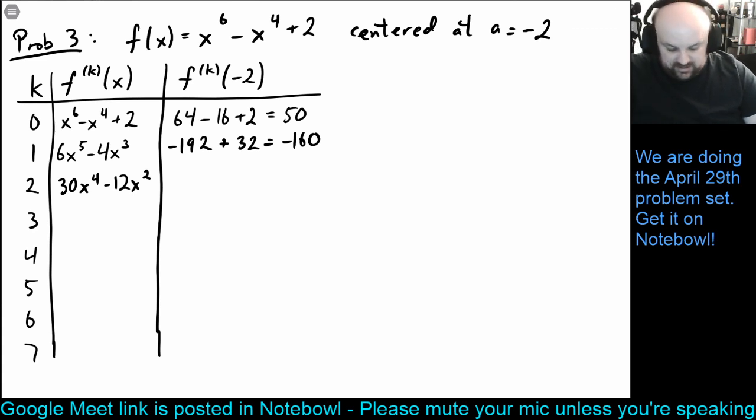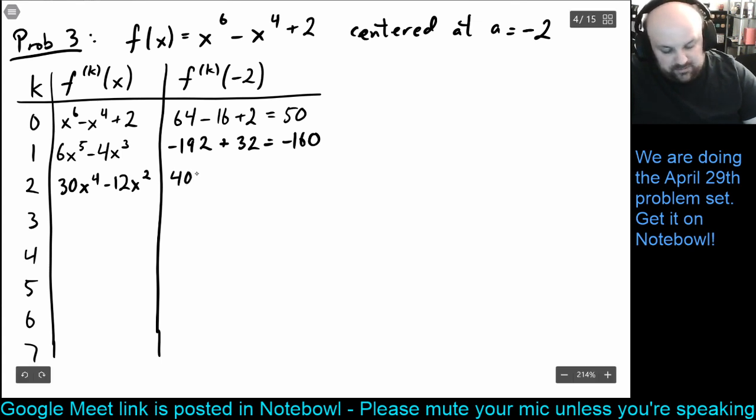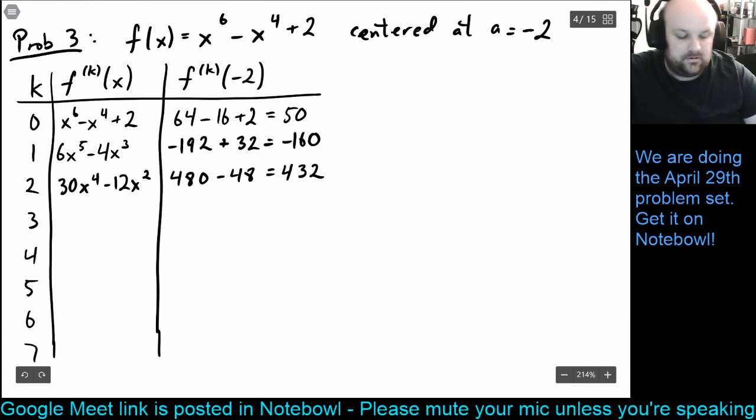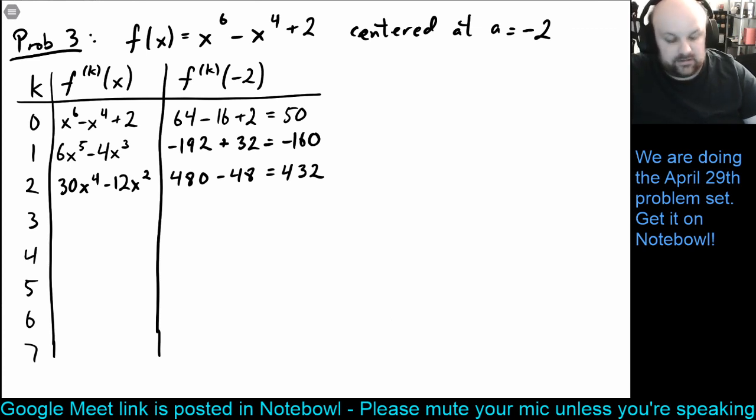So plug this stuff in. 16 times 30. The first part will be 480. And then minus 48. So that's 432. Right? Take the third derivative.